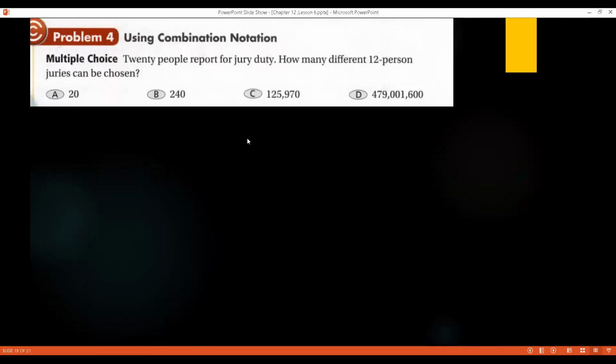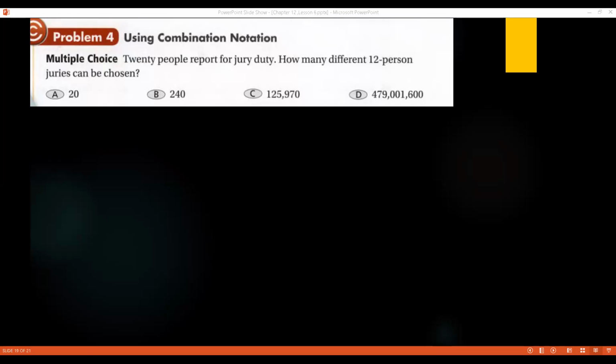You have a word problem and you want to guess: shall I use permutation or combination? 20 people report for jury duty. How many different 12 persons can be chosen?